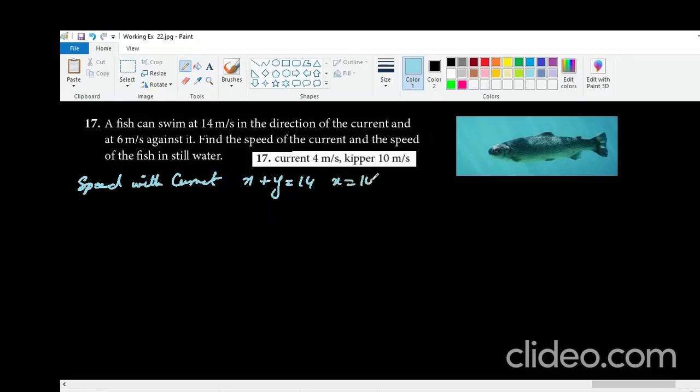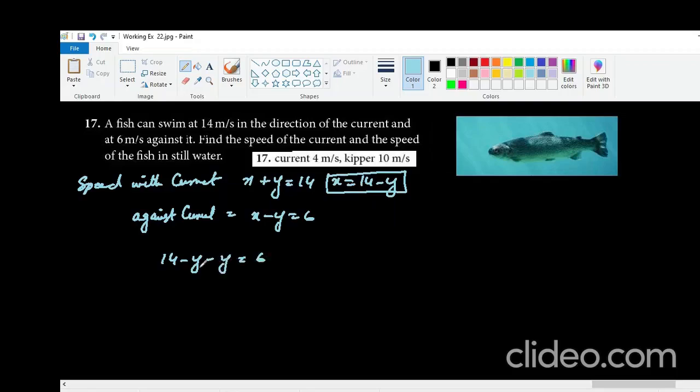Now when going against the current, the speed against the current will be equal to x minus y equals 6. I will replace the value of x in the second equation. 14 minus y equals 6. So 14 minus 2y equals 6.